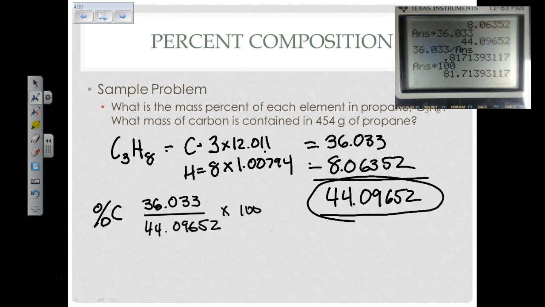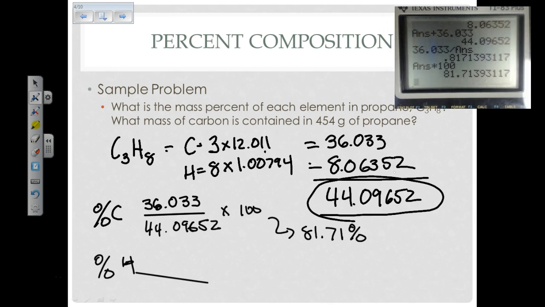And that gives us a percentage of 81.71%.